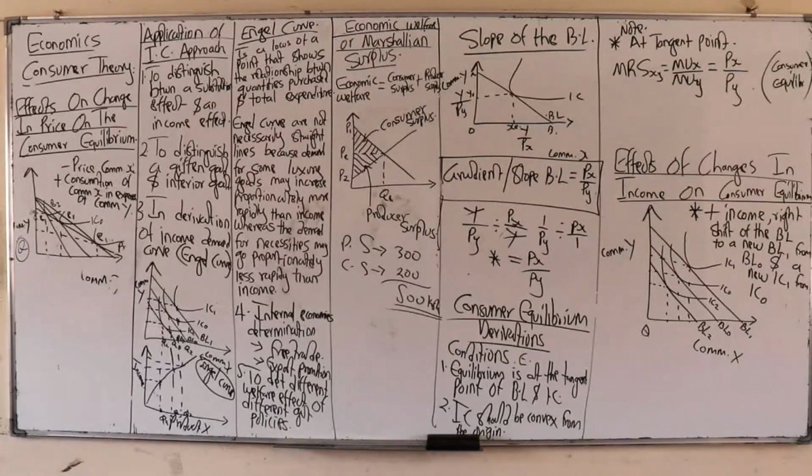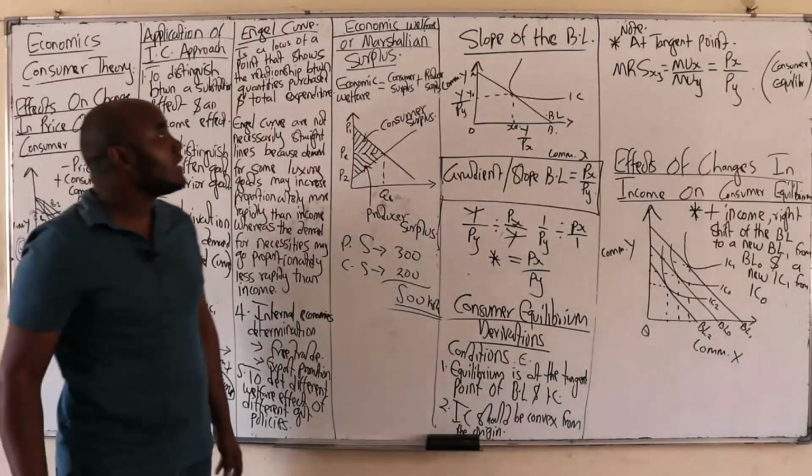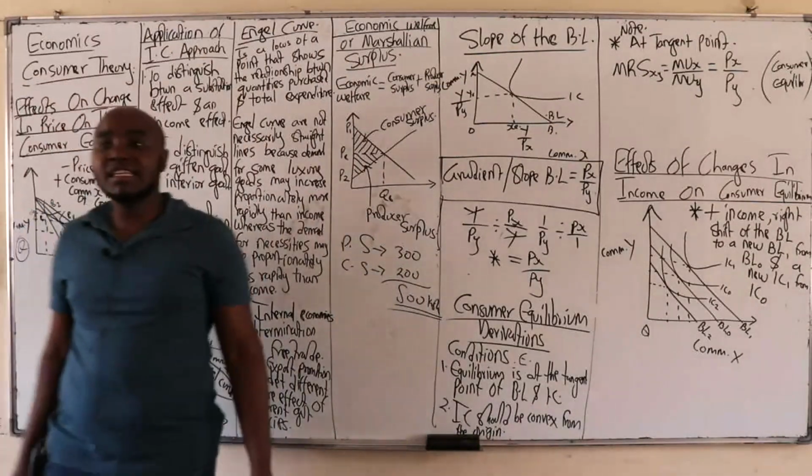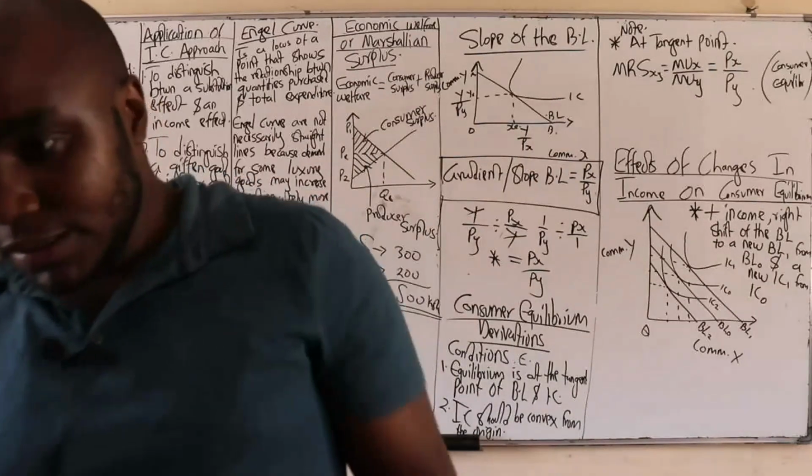Are we together? Let's see, yes, here from Perpetua, Collins, yes. So, that's all about the economic welfare or the Marshallian surplus.